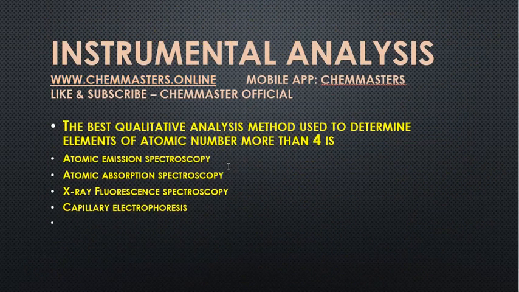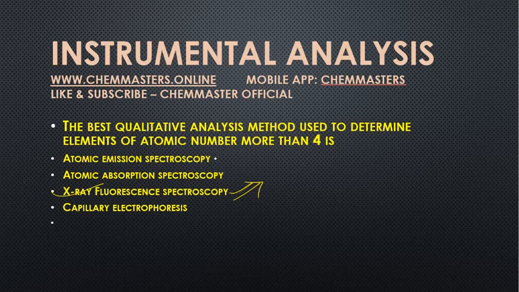The best qualitative analysis method used to determine elements of atomic number more than 4 is. So the answer is X-ray fluorescence spectroscopy. It is the best qualitative analysis method used to determine elements of atomic number more than 4.